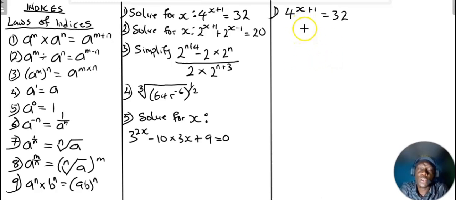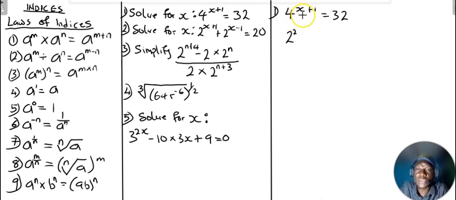So the first thing we have to do here is to give the numbers on both sides the same base. 4 is 2 raised to power 2, that's 2 times 2, that's 4.